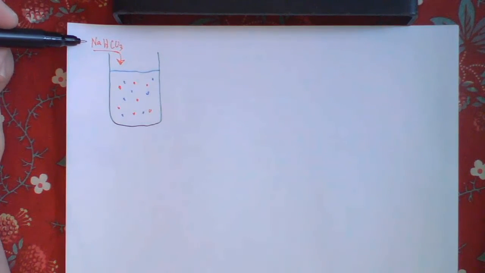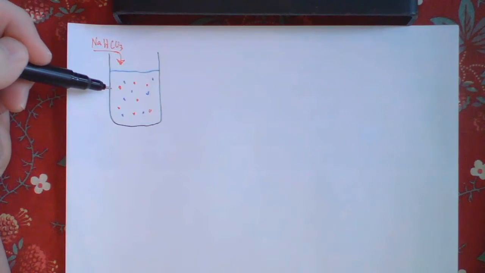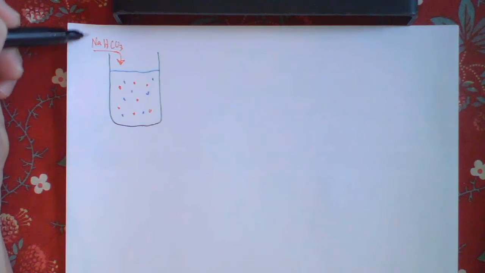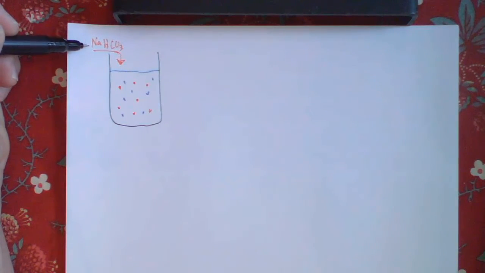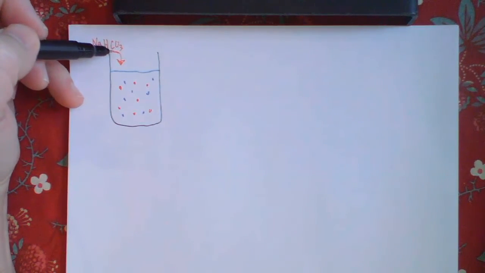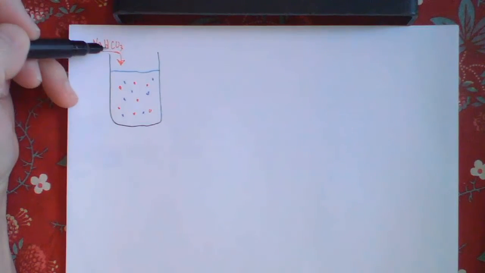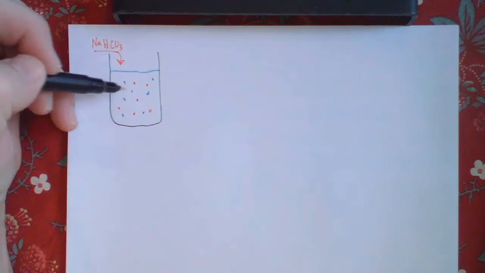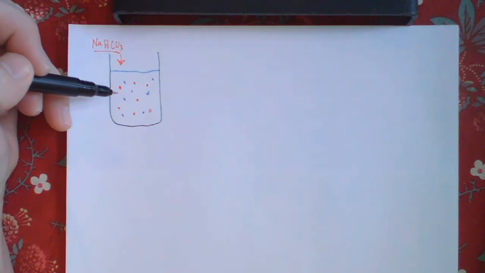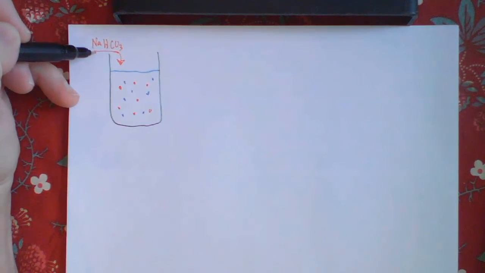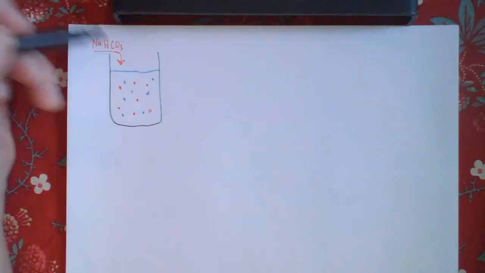Now the sodium bicarbonate, when it goes through, it's going to dissociate. So in other words, that sodium ion is going to go into an ion form, and that carbonate ion is going to be in there as well. But that carbonate ion is going to want to react with the acid that's present, and we're going to get some bubbling and some fizzing. So this is like our baking soda mixed with an acid.